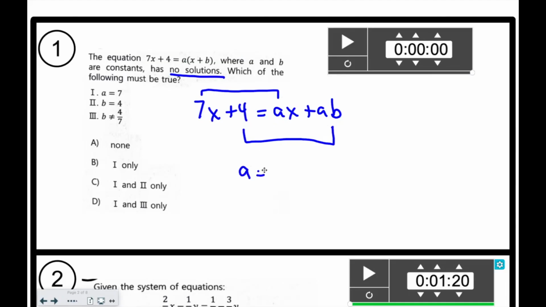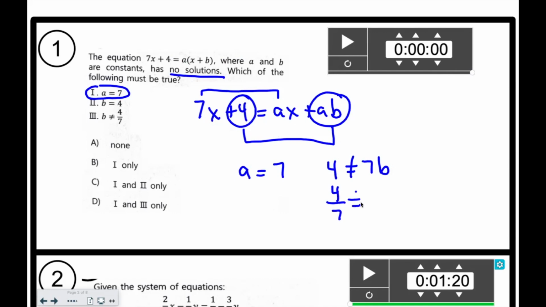So therefore, A has to be 7. We got no choice for that. And then if A is 7, we need these to be different. So 4 cannot equal 7b, and therefore 4/7 cannot be b. So therefore it is D.